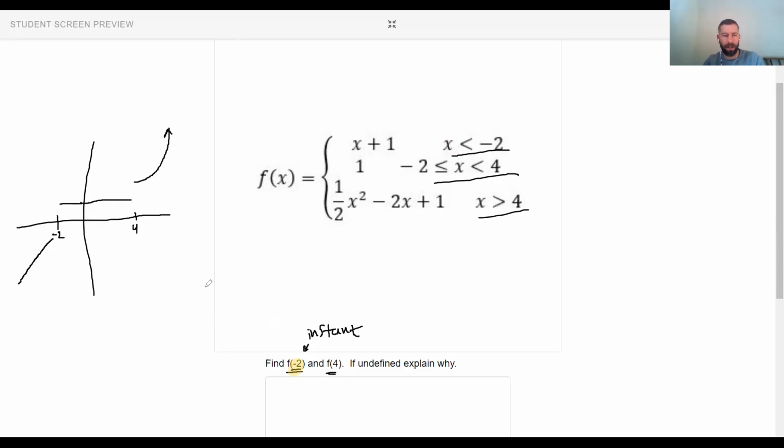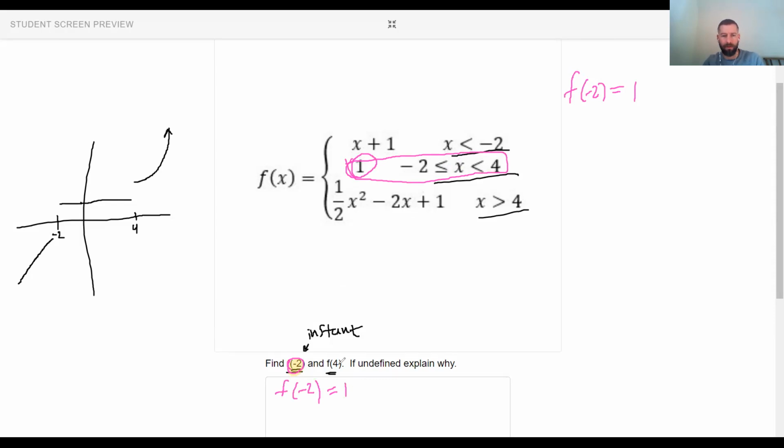But I can see that if I were to plug in a -2 for this x right here, -2 is between -2 and 4, so that tells me that I want to be using this middle function to evaluate and find f of -2. So f of -2 is going to be equal to, let's see, what is my actual function itself? 1. So actually, f of -2 is just equal to 1. There's nothing to plug in. That really just was my answer.